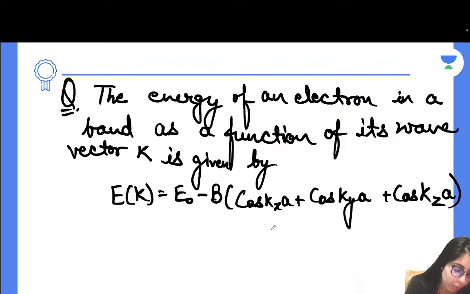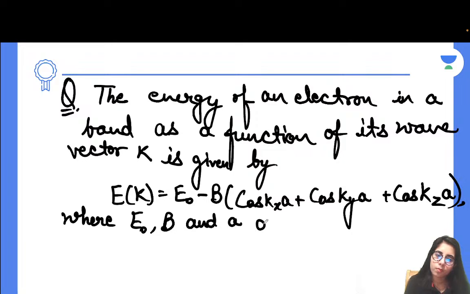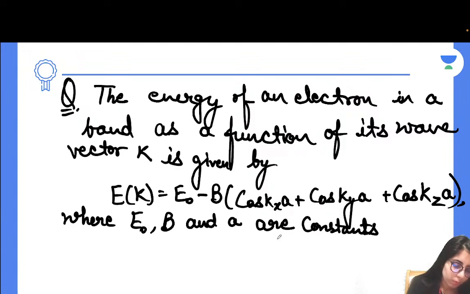Where E naught, B, and a are constants. The effective mass of the electron near the bottom of the band is.